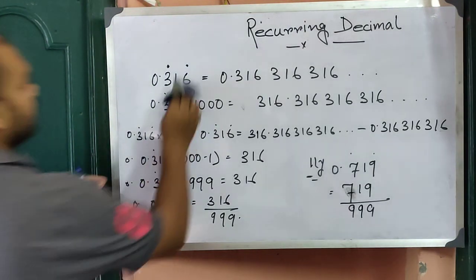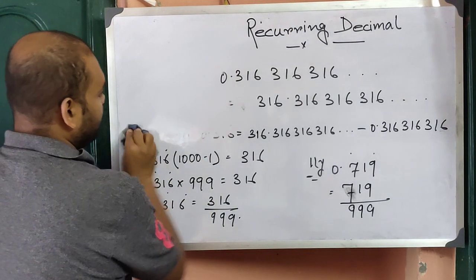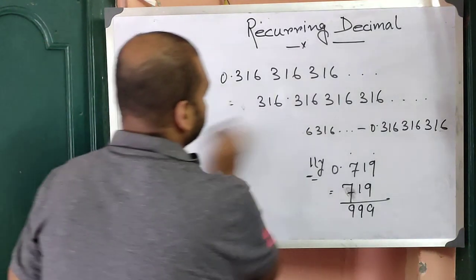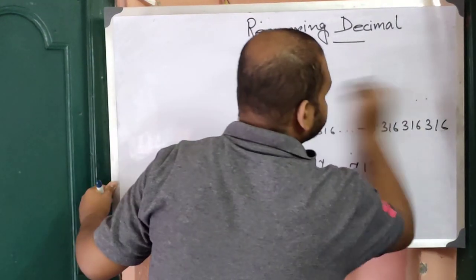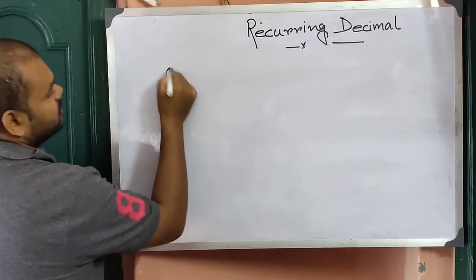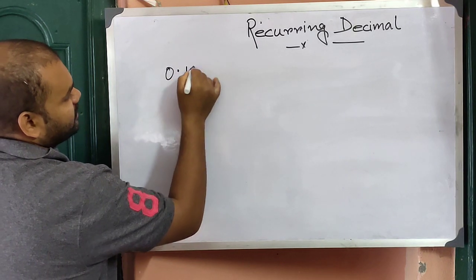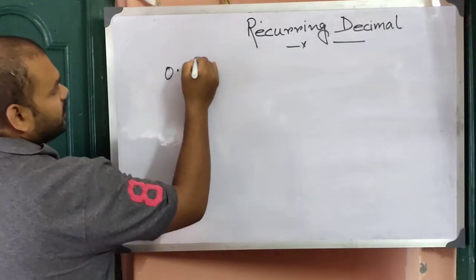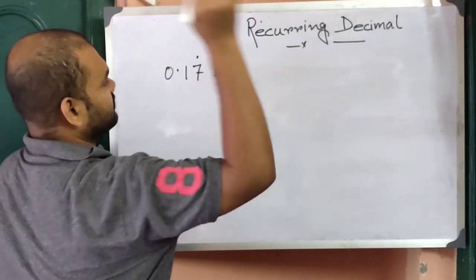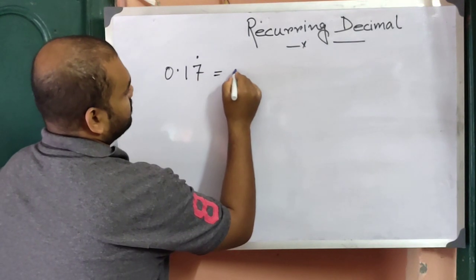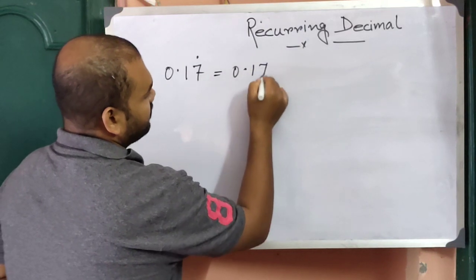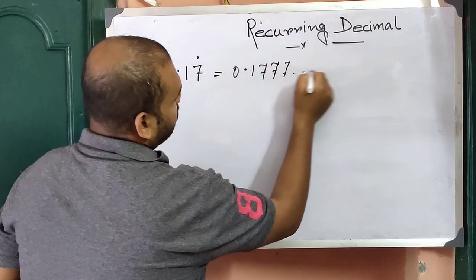Next, in case of a particular number, suppose 0.17, but this time only the 7 is recurring. So what does it indicate? It indicates 0.1777 and dot dot dot.